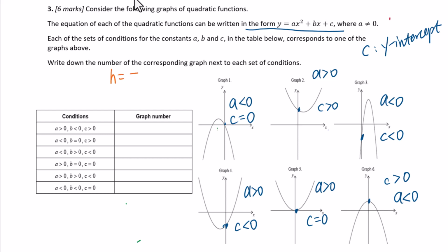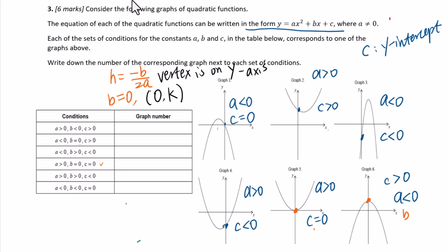b is dealing with the vertex. h equals negative b over 2a. So when b equals 0, the vertex will be (0, k), which means the vertex is on the y-axis, which means b equals 0.